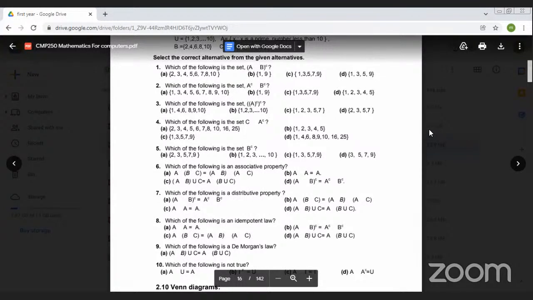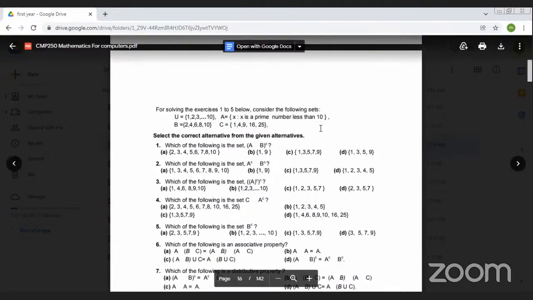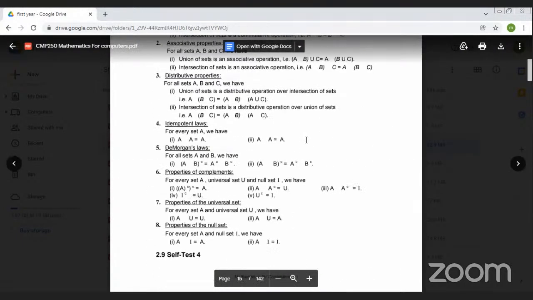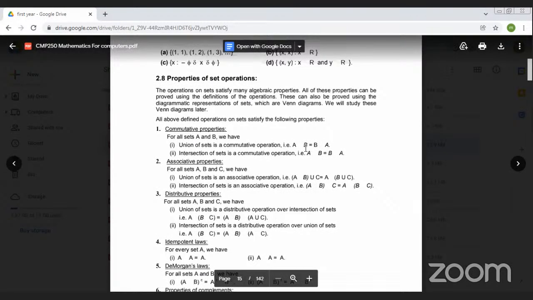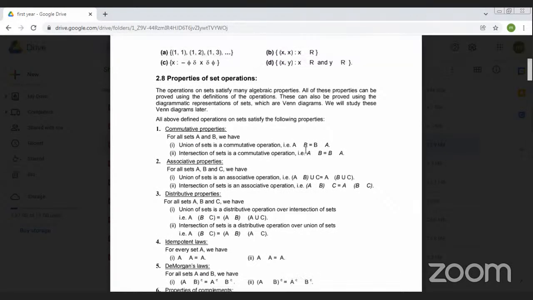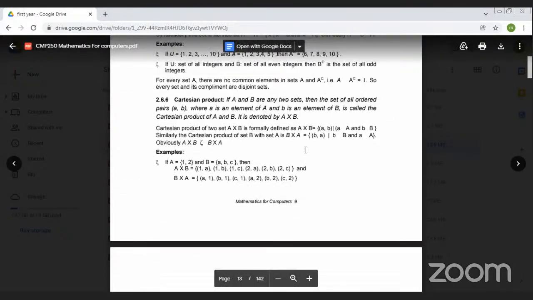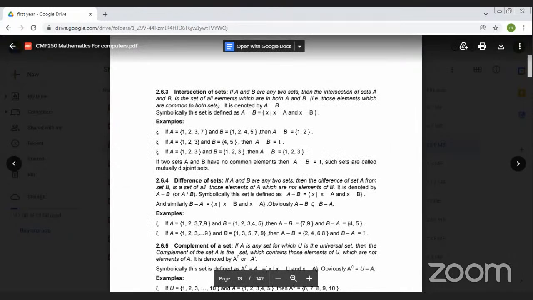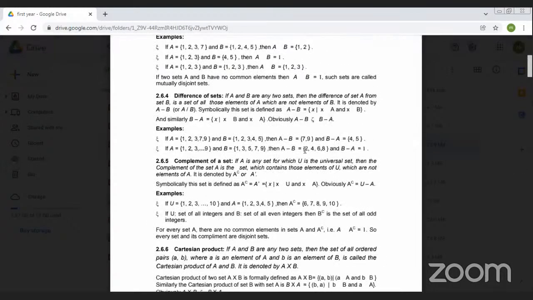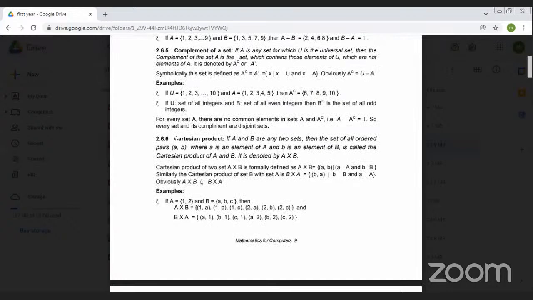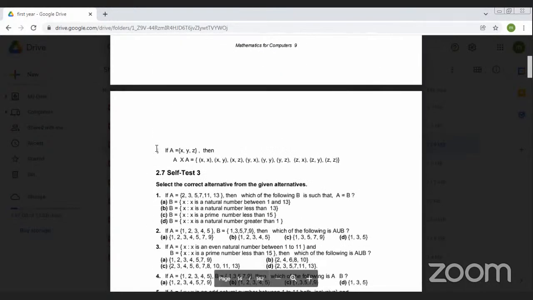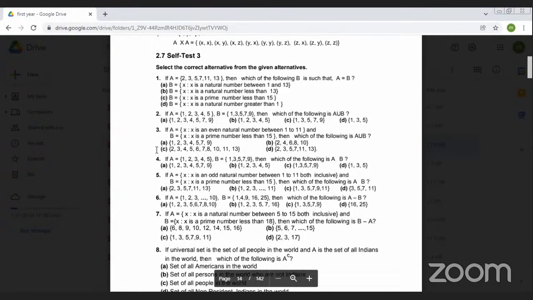Let me ask the senior which symbol you have to use over there, because I know the answers, but don't know the exact answer because there is no symbol. And the Cartesian product, R into R, is question 10 in the exercise self test.